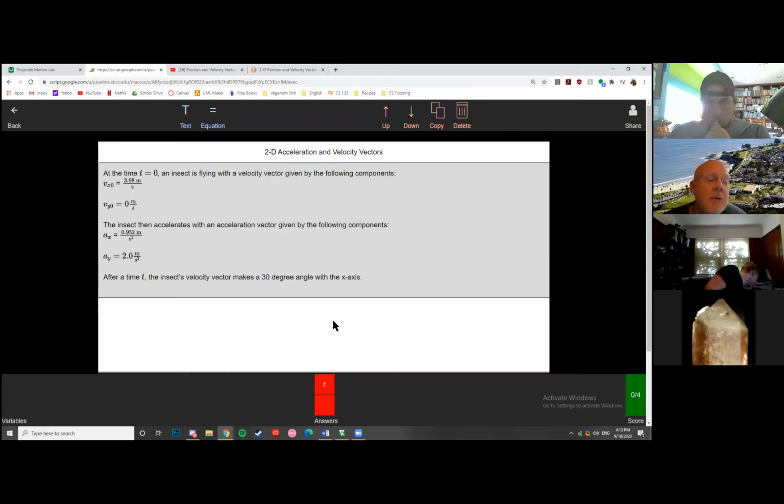Okay, so the x component is 0.952, and we'll make a little note, insect problem for 121. Okay, and with a y component of 2.0 meters per second squared after a time t, the insect has a velocity vector, ooh, I like this, that makes an angle of 30 degrees. So the velocity vector is 30 degrees to the x-axis.